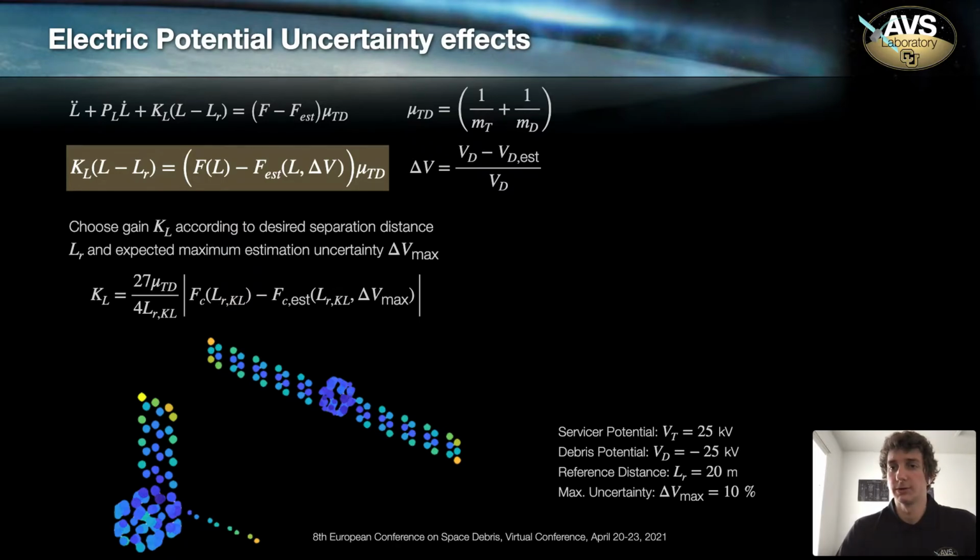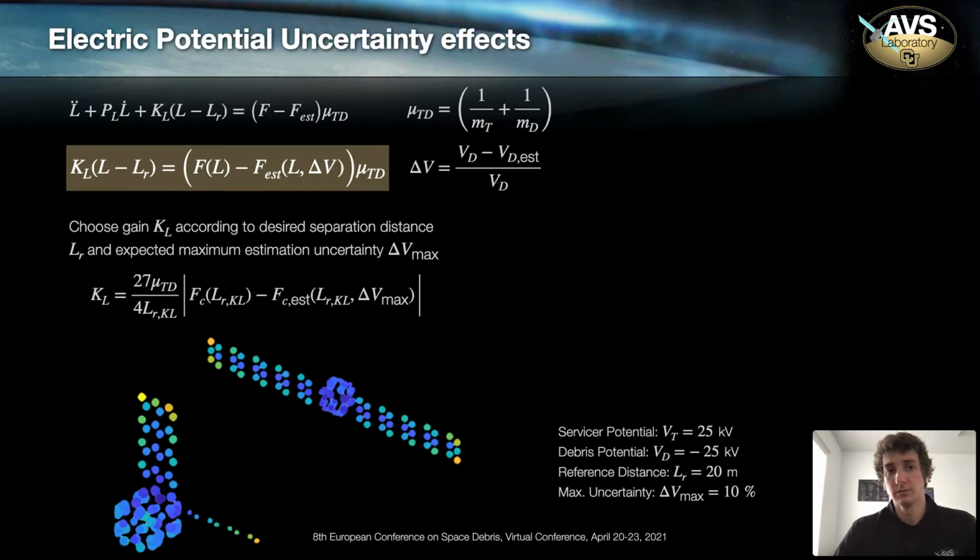If we assume that we have perfect knowledge of the electric potential of the servicing satellite, then the estimated force is a function of the separation distance L and the relative estimation error of the debris potential, delta V. Now, to solve this equation, we need to choose a feedback gain KL according to a desired reference distance LR, which is the distance that we try to maintain, and according to an expected maximum estimation uncertainty, delta V max.